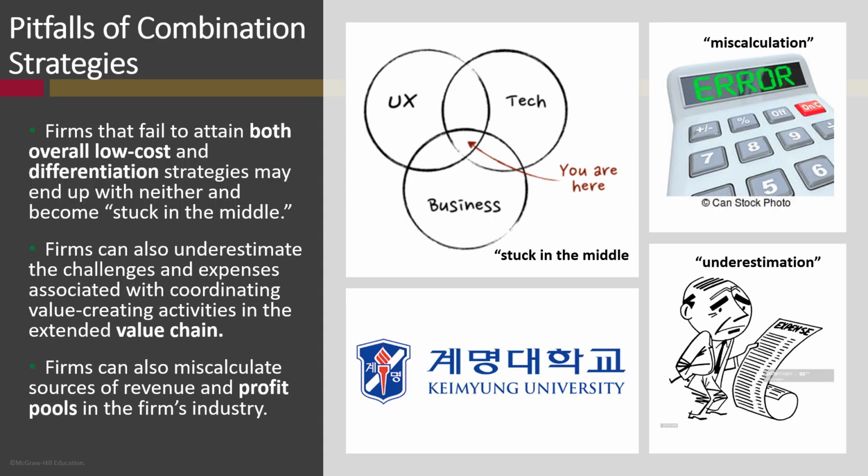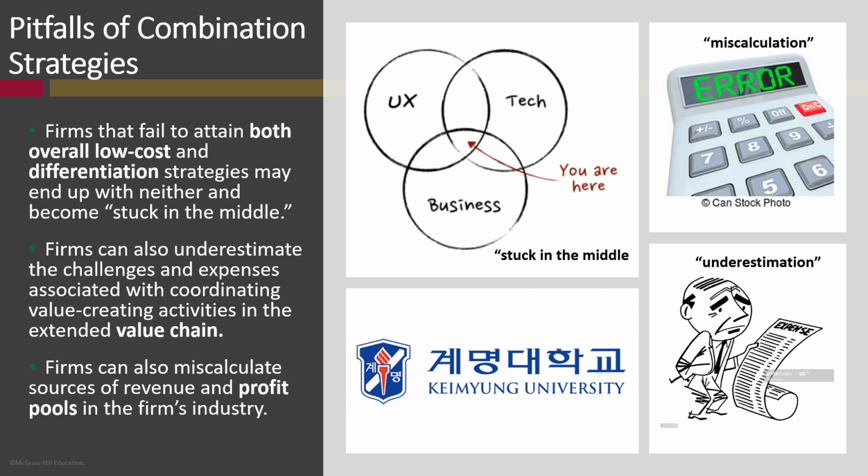What are the dangers or the pitfalls of combination strategies? A key issue in strategic management is the creation of competitive advantages that enable the firm to enjoy above average returns. Some firms may become stuck in the middle if they try to attain both cost and differentiation advantage.